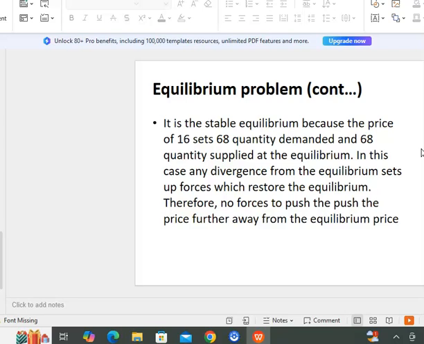So in a nutshell, it is the stable equilibrium, because the price of 16 sets 68 quantity demanded, 68 quantity supplied at the equilibrium. In this case, any divergence from the equilibrium sets up forces which restore the equilibrium. Therefore, no forces push the price further away from the equilibrium price.